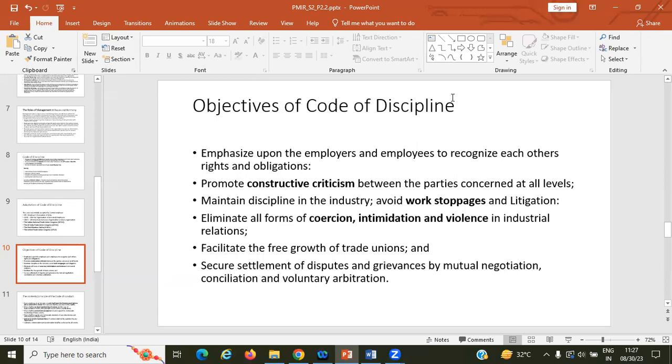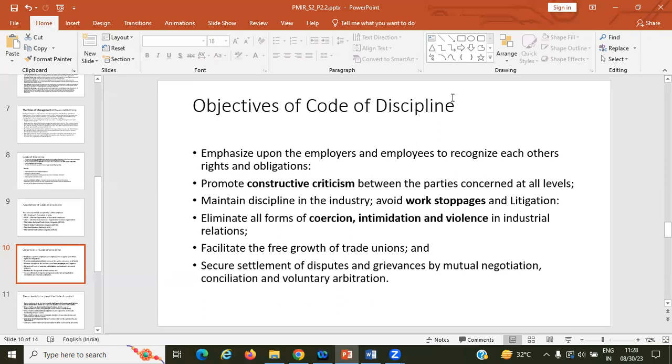This means most of the things can be resolved by mutually discussing, consulting, and arbitration. Suppose you and I are fighting, and some third person comes into the picture and explains, and there is a compromise between you and me, so that you will gain and I will gain.